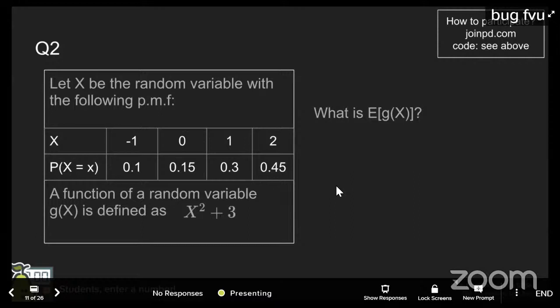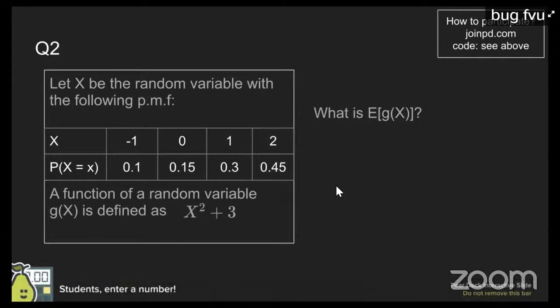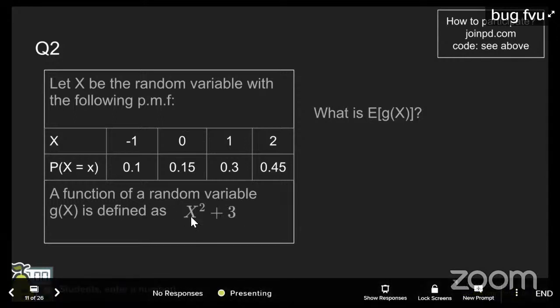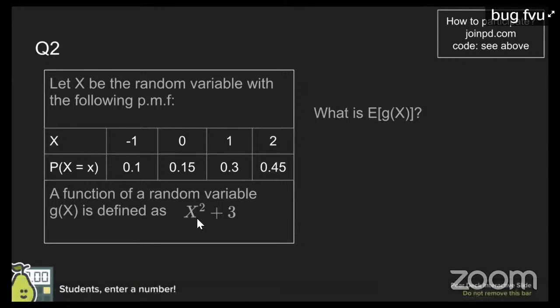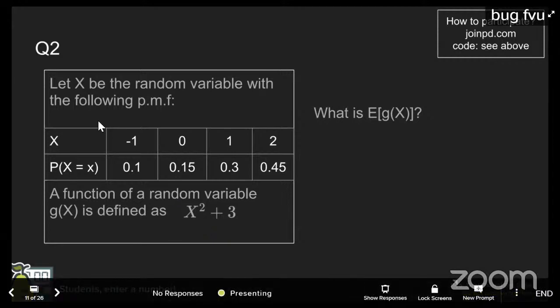Now I want to transform this random variable X to some g of x, defined as x squared plus 3. You need to find the expectation of g of x. First step would be to obtain the PMF of g of x and then find its expectation.